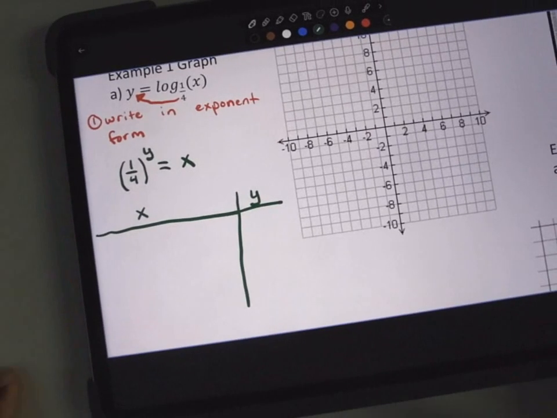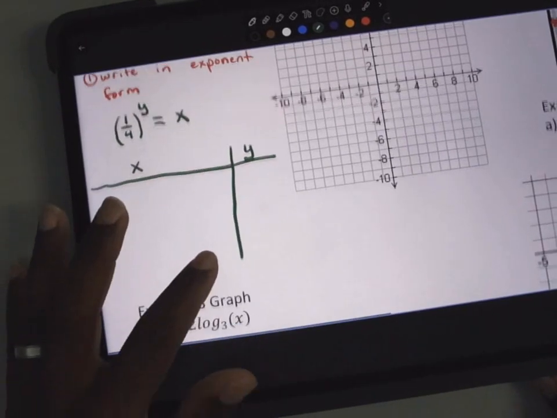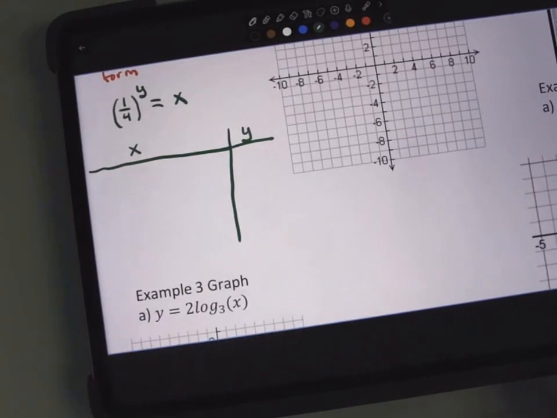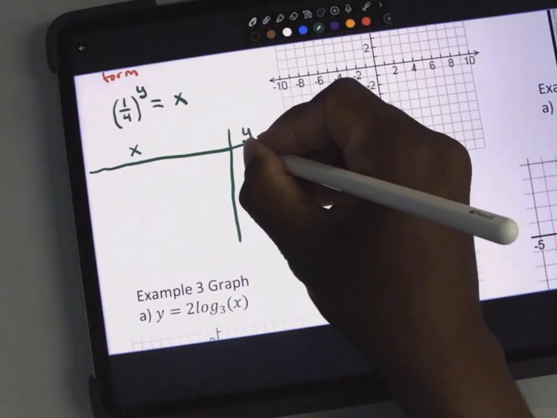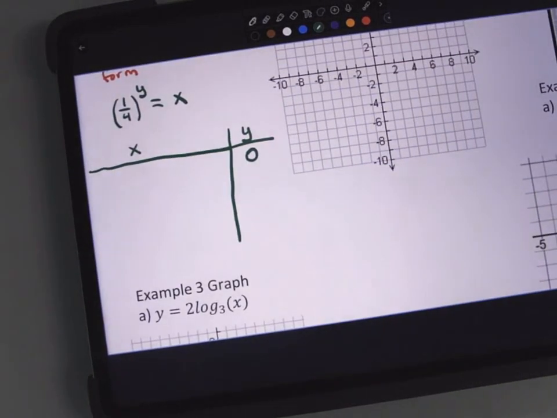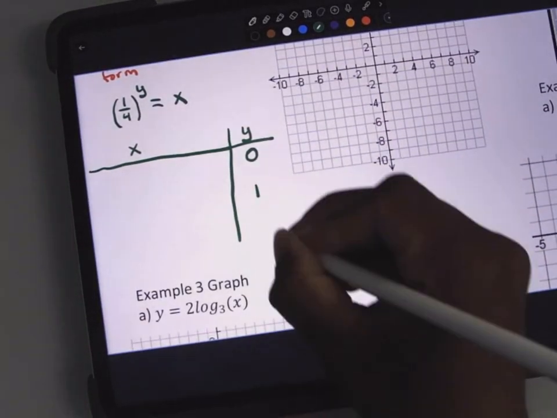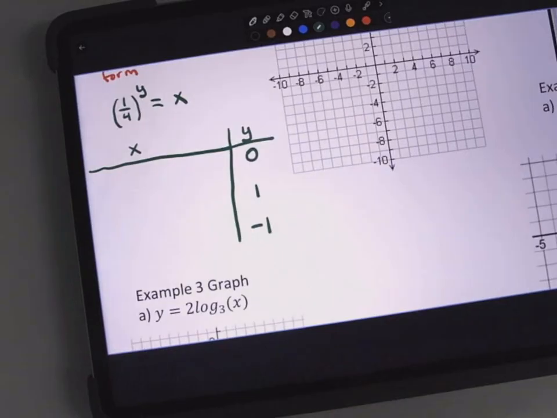We might just do a little bit of thinking about what'll make our lives easy as we do these. So I'm thinking we can probably do 0, because that usually comes out to being 1. And maybe we'll pick, how about we do positive 1, and then let's do negative 1. And let's see what values those give us for x.